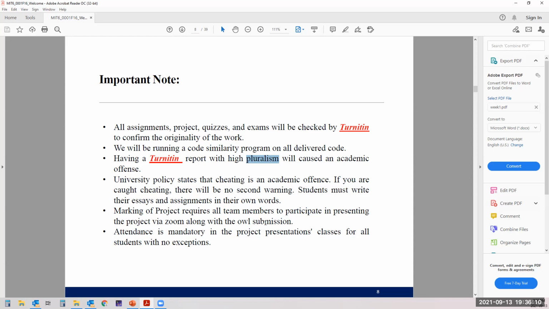Along with the OWL submission, you have to submit your presentation and your report via OWL. One group member will submit, and all group member names should be listed there so the mark can be assigned. For the presentation, the mark will be individual, and for the report, it will be a group mark. Attendance is mandatory in the project presentation classes for all students with no exceptions, as I explained earlier.